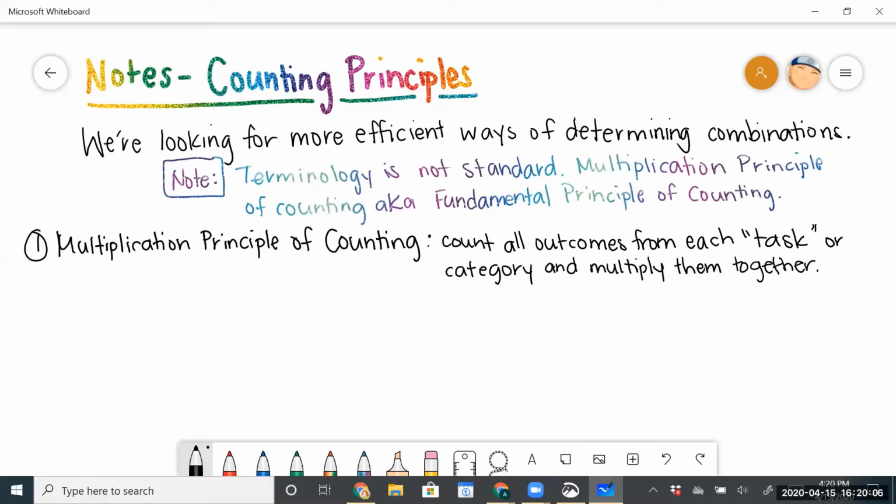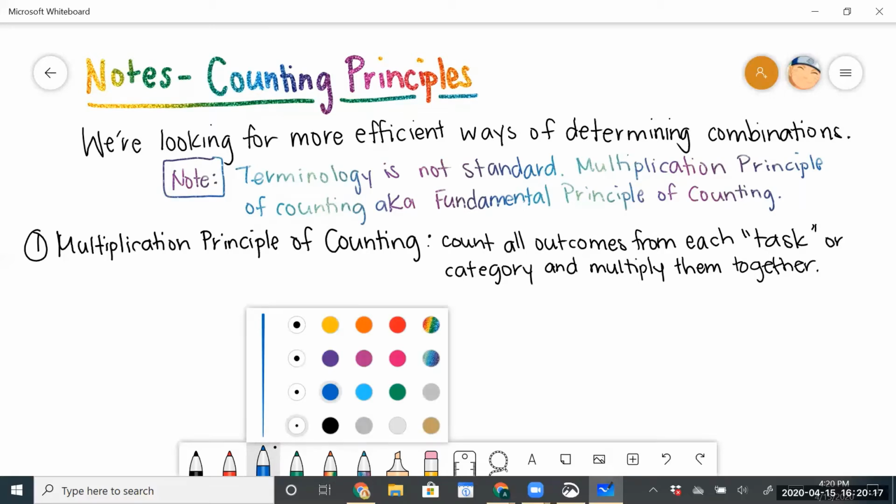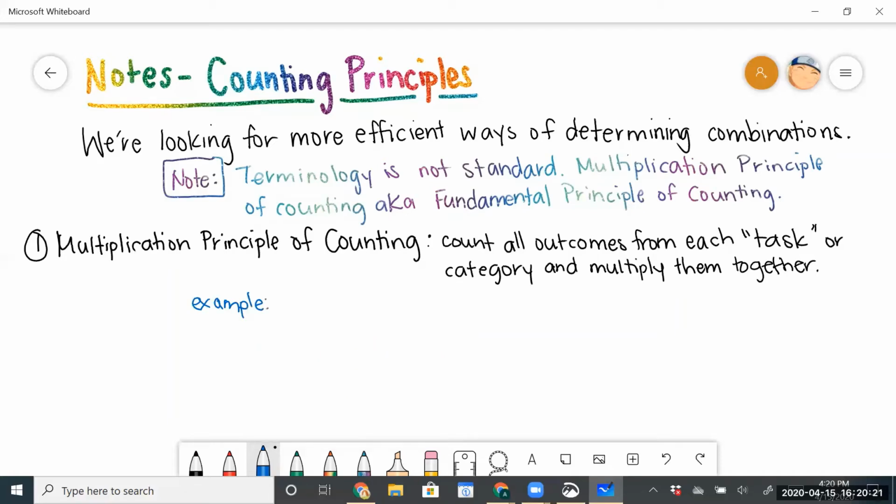Okay, so let's consider an example together. Okay, so here's my example. All right, so let's say I'm trying to pick out an outfit for another day of work from home. Okay, so I'm trying to pick out my outfit for today, and I have some options.